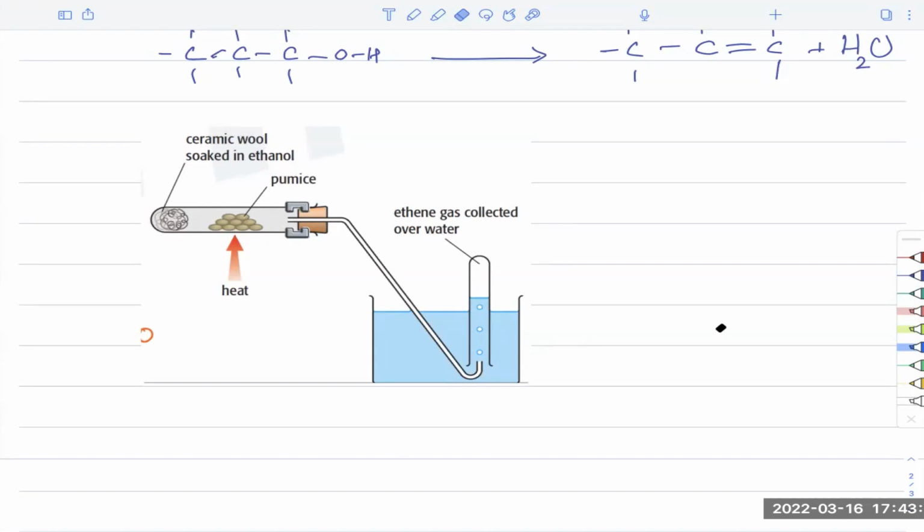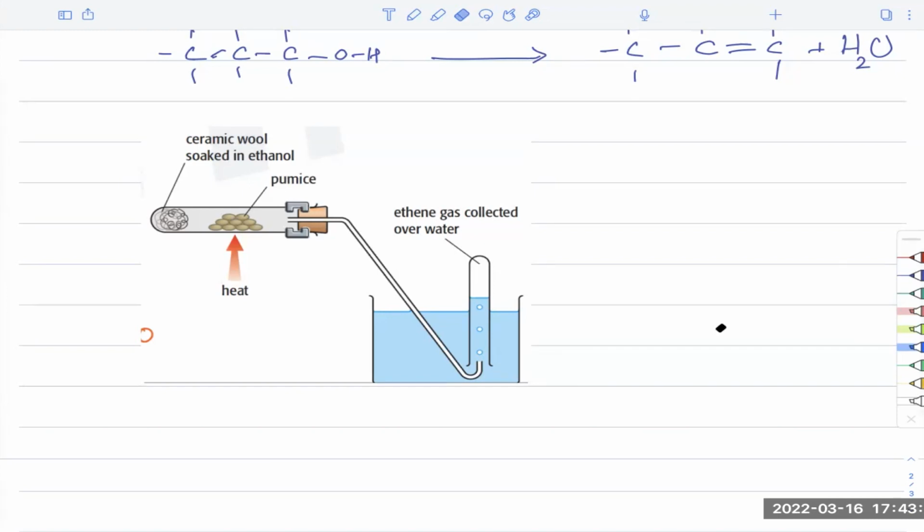Pumice absorbs water much more easily, and it's like a network through which this alcohol will have to pass, and because it's hot, it will give heat to those alcohol particles. Now it does the reaction, and then you pass it over, and it is collected over water. And why are we collecting over water? Because they're insoluble, so we can easily collect them over water.